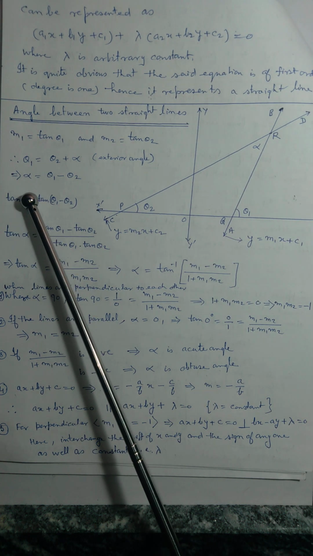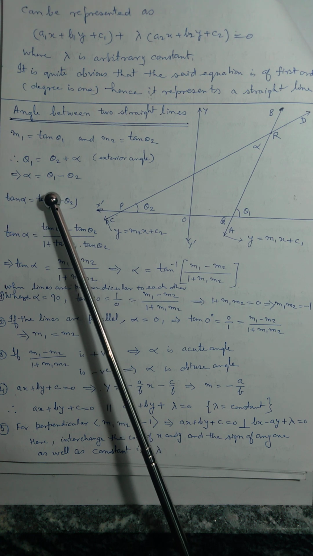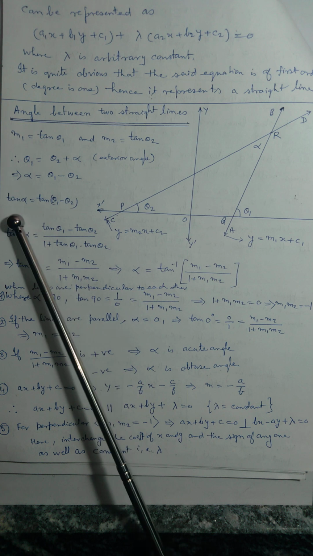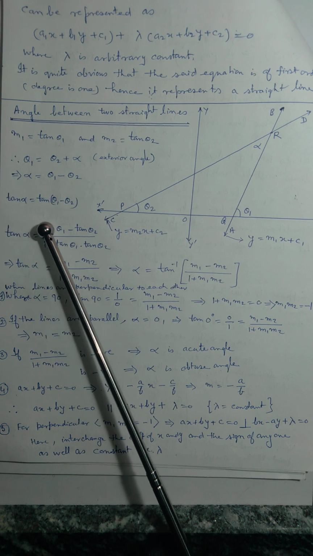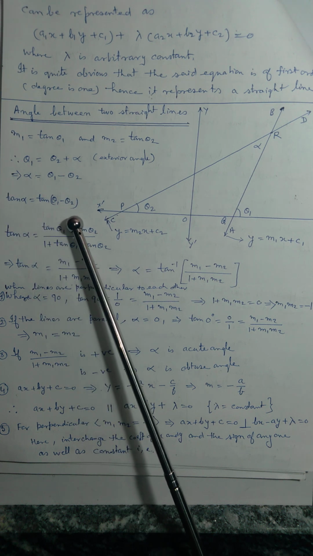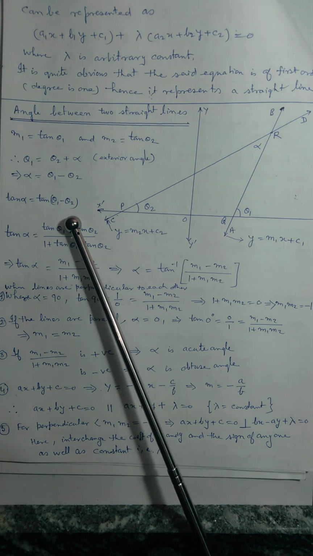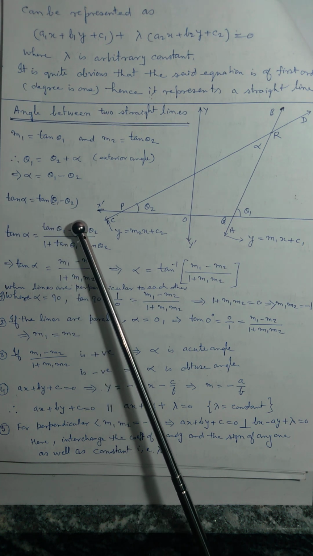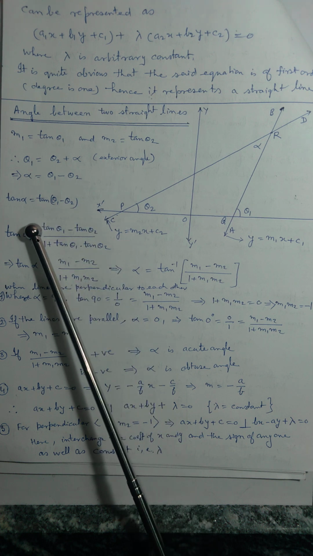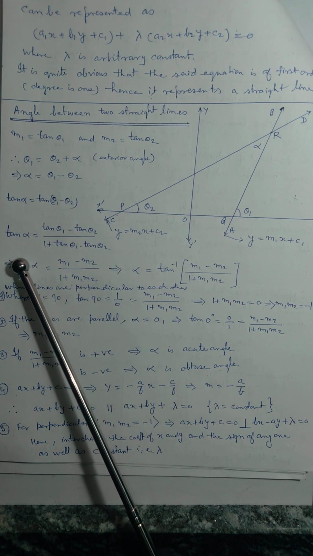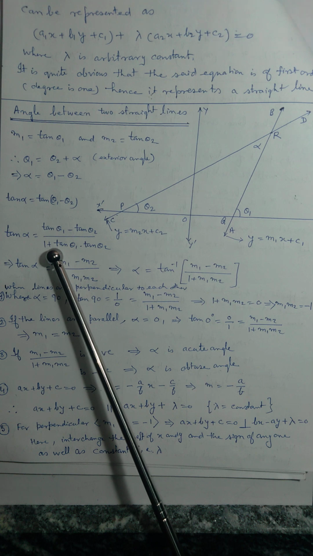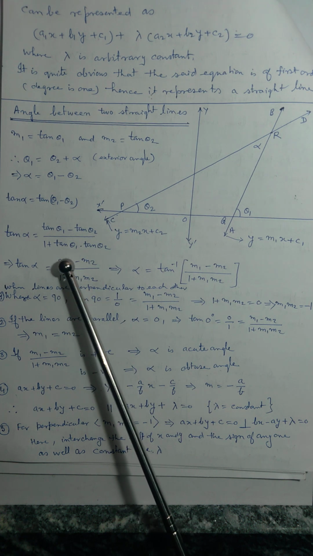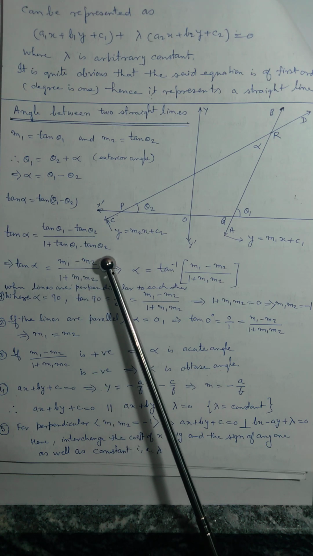So let us proceed. Alpha will be equal to theta 1 minus theta 2. Now taking the tangent of both sides, we will get tan alpha equal to tan (theta 1 minus theta 2). So tan alpha will be equal to (tan theta 1 minus tan theta 2) whole upon (1 plus tan theta 1 tan theta 2).